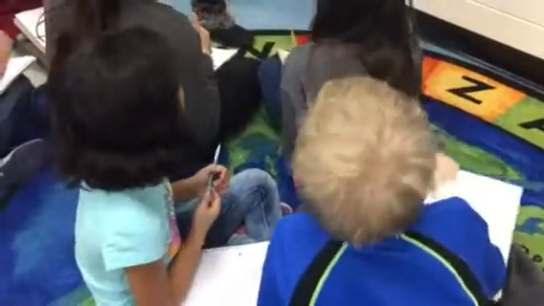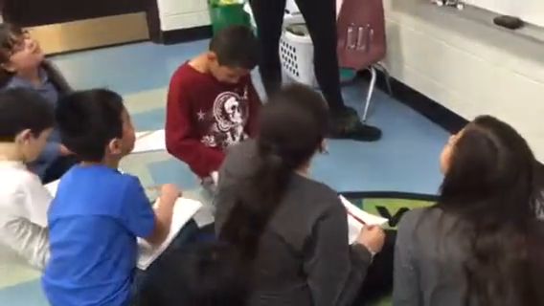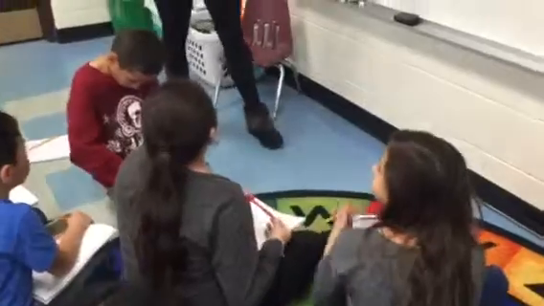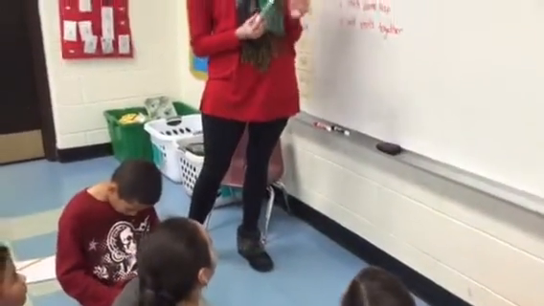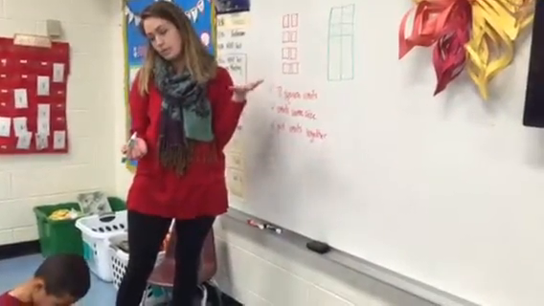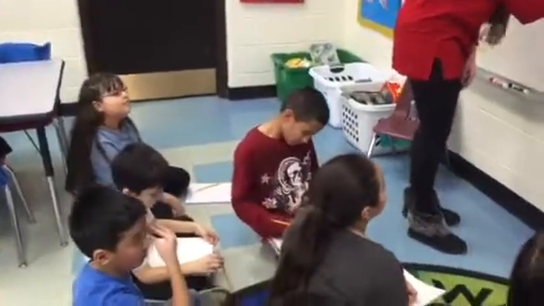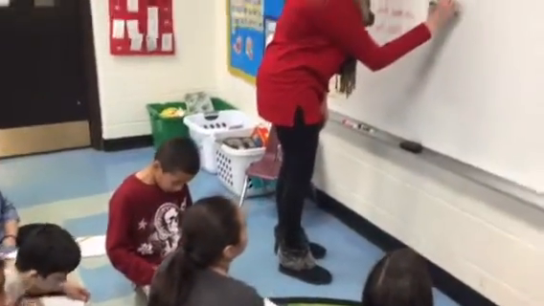All right, Janelle, I heard some really good things that you're talking about with your partner. What did Verde do well here? He did put them all together. Oh yeah. As we can see, Verde did put them all together. In what shape? Lily? A rectangle. So it's a rectangle.